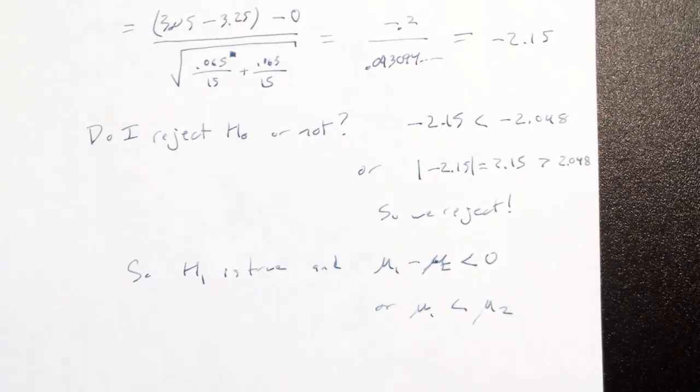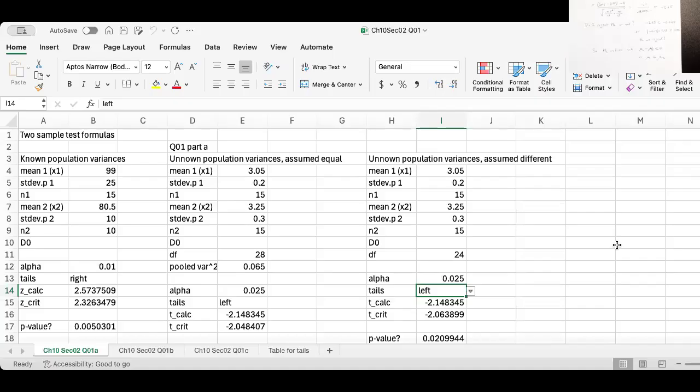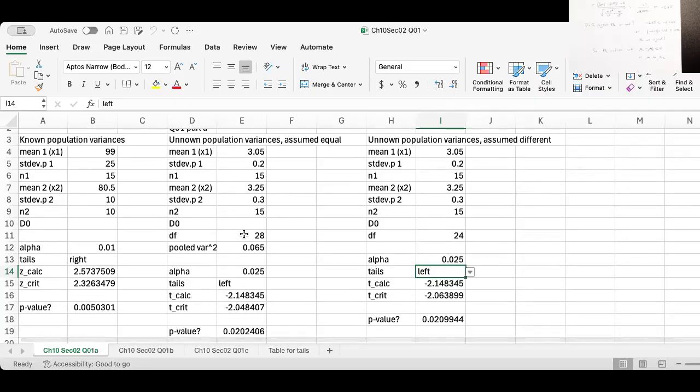Wait, I forgot. I want this in the recording. There. And then I said, we want to do, what's the assumed difference? I left that blank because I said the assumed difference was 0.